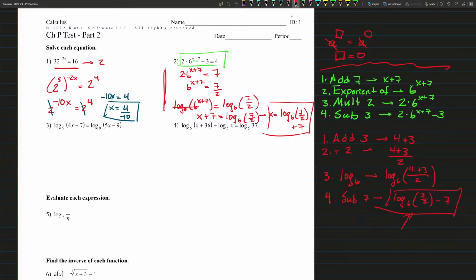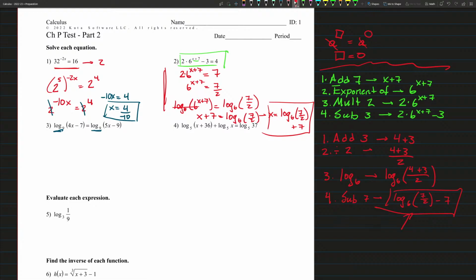Okay, number 3, this is another one-to-one. We have log base 9 on both sides, and it's just log base 9. If there was anything else on the left or the right side, we couldn't do this. But because it's log base 9 of something equals log base 9 of something else, we get the one-to-one property again.